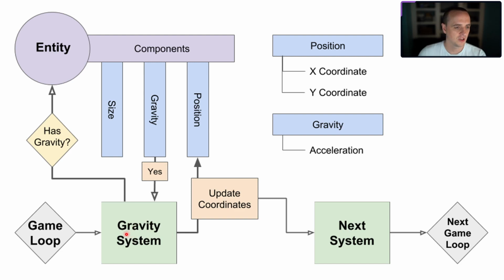Each system is going to look at all the entities. For example, the gravity system will say, does this entity have gravity? If yes, then it's going to look at the gravity component for that entity, then update the coordinates of the position based on the gravity, and then everything goes into the next system. And that repeats for each different system.